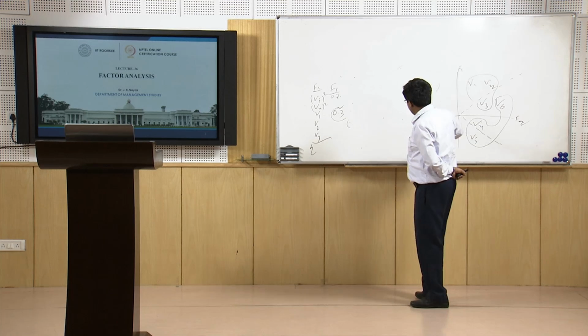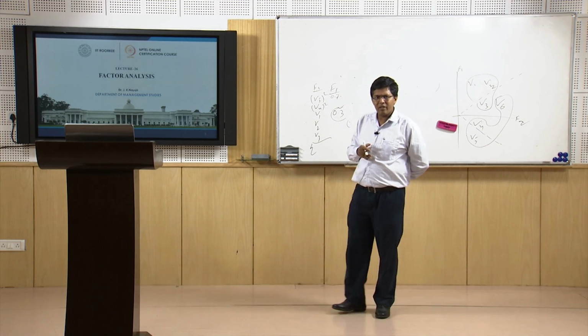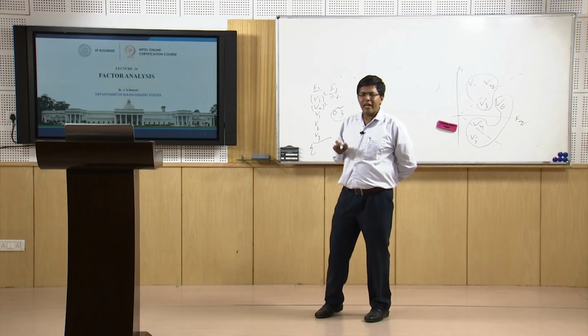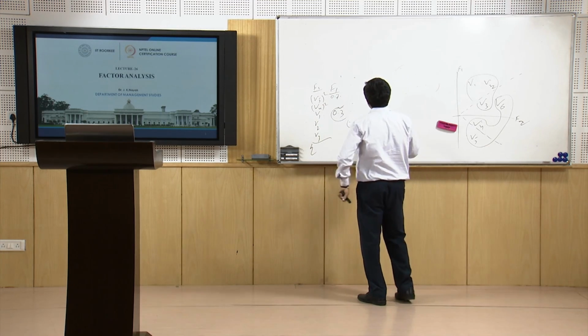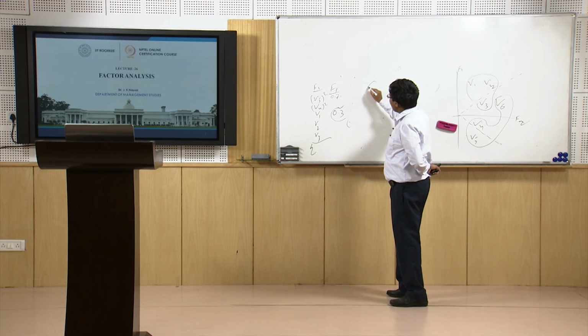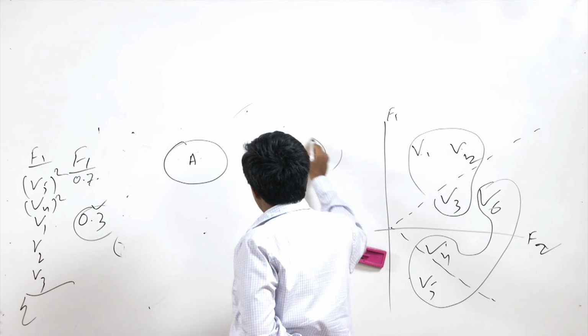Now, what is this factor analysis? In this factor analysis, instead of exploring, we will try to make a confirmatory study. What is a confirmatory study? As the word suggests, we confirm.